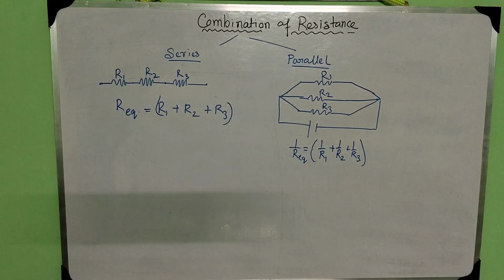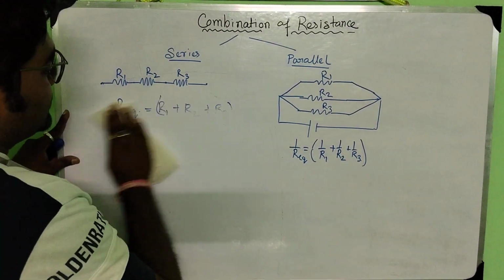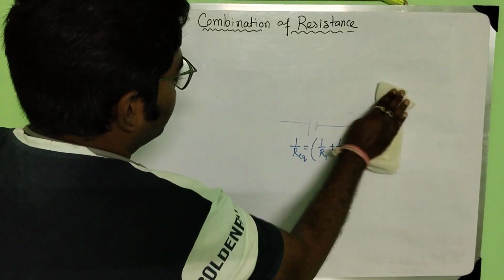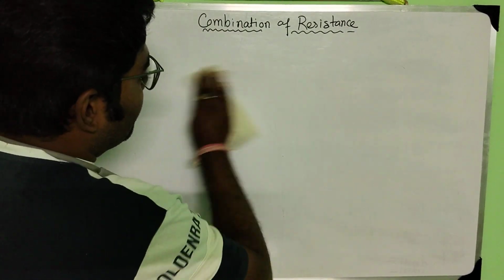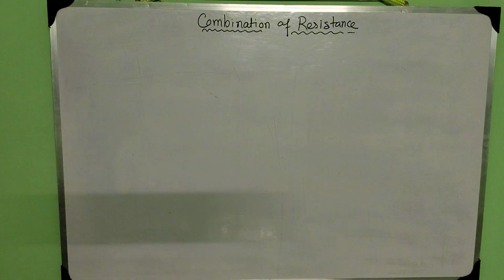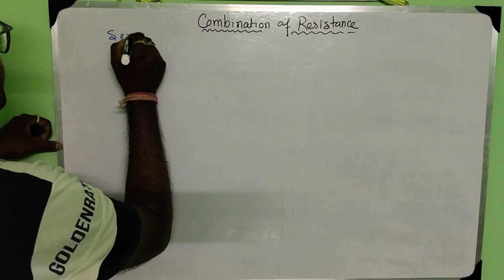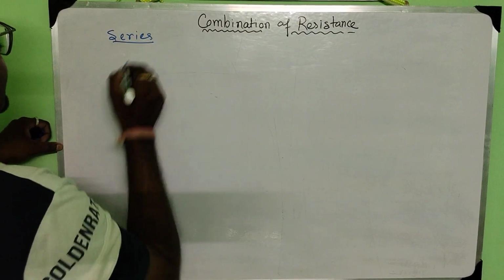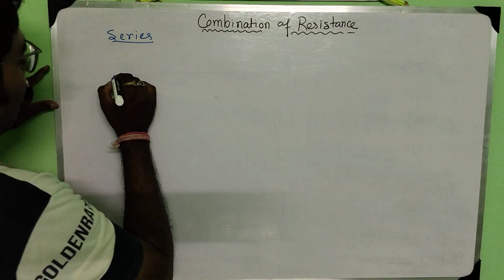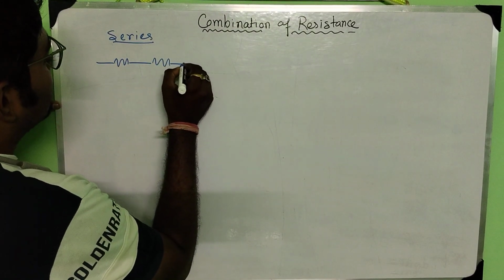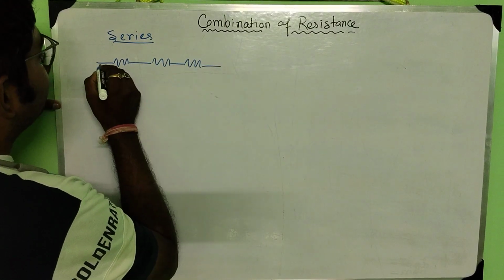So let us do the derivation. First we will do series. The combination is like this. We will take 3 resistances.